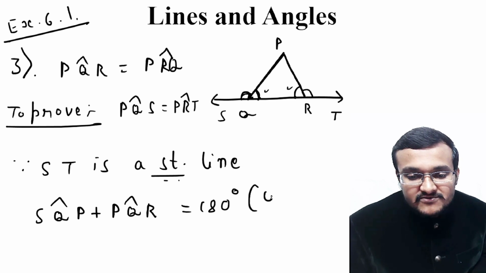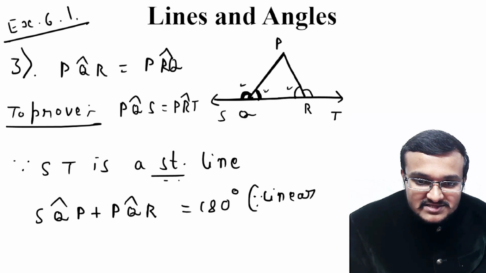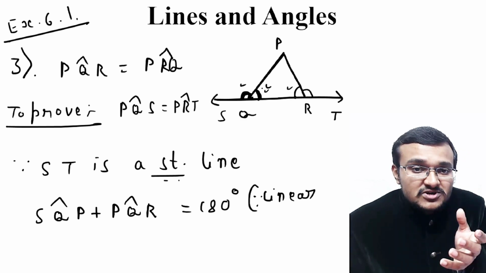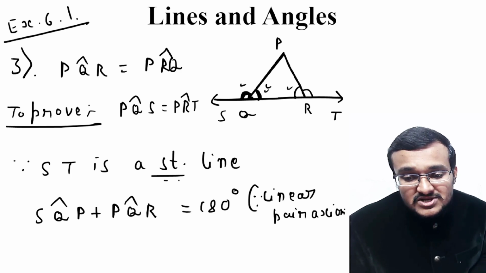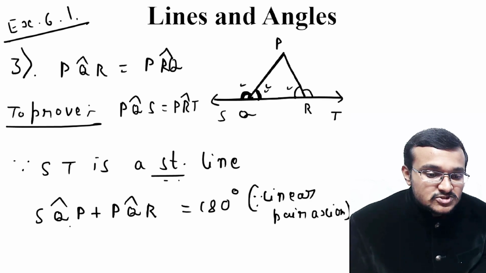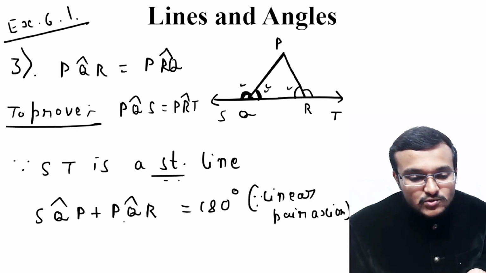This is because of the linear pair axiom. Here you can clearly see ST is a straight line, so the sum of these two angles SQP and PQR should be equal to 180 degrees, according to the linear pair axiom. About this axiom I have also discussed in my previous videos, you can refer to those videos. We don't know what SQP is and we don't know what PQR is.